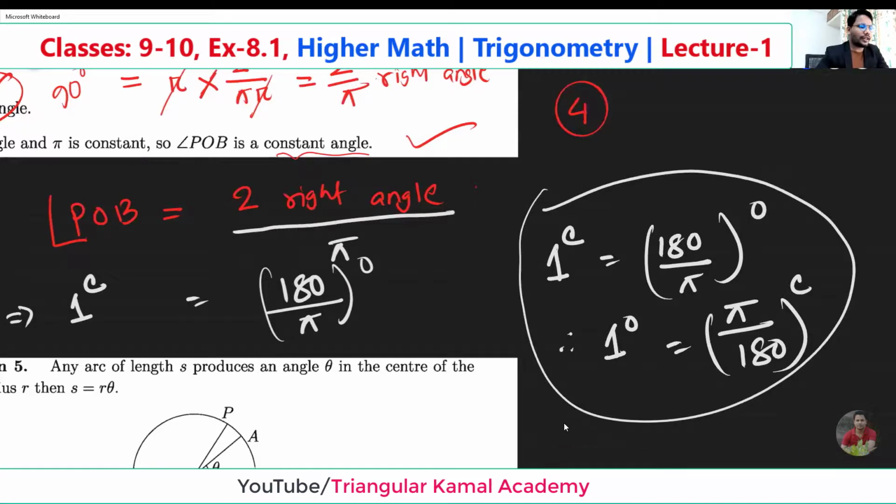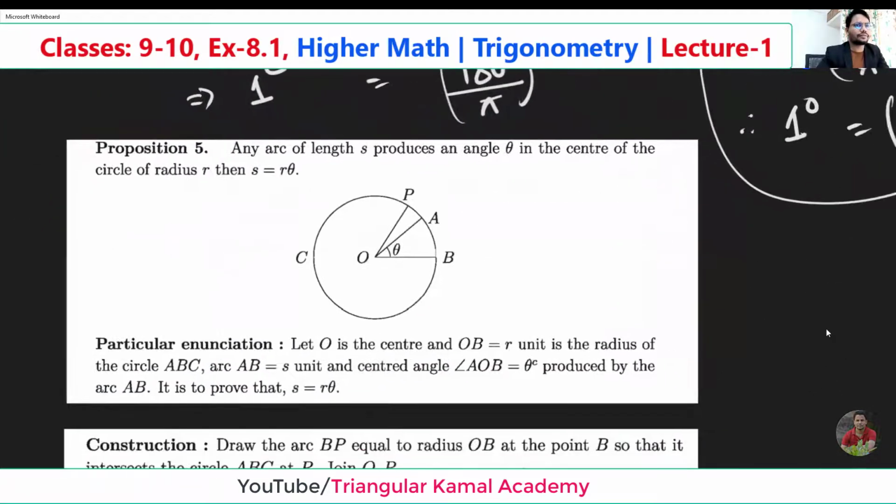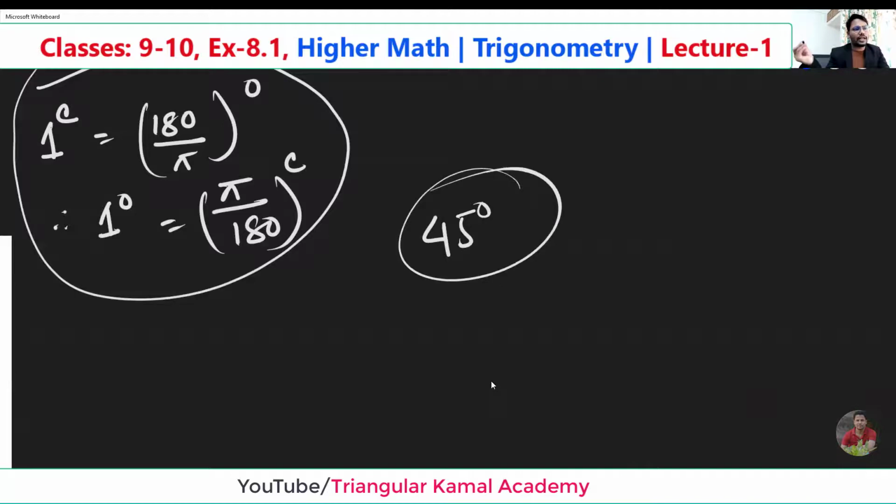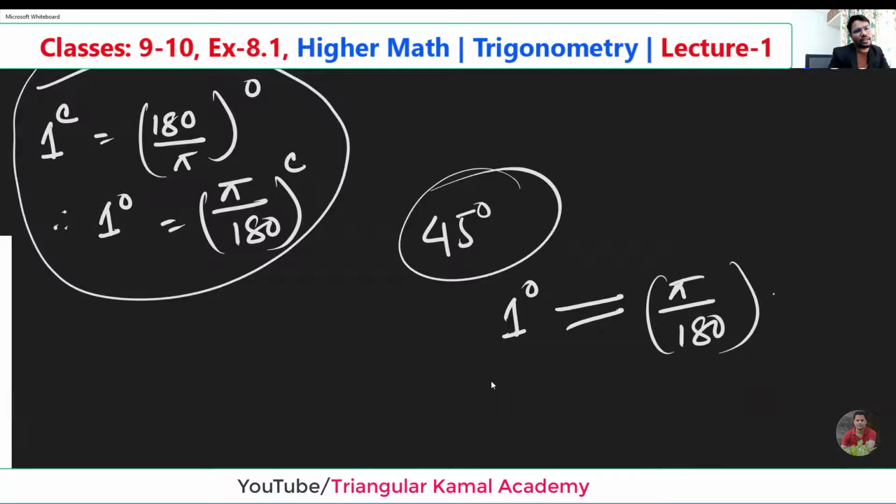So now here another theorem is given. Okay, let's see one question first. Suppose 45 degrees is given and the requirement is to convert this angle into radian. So now we know 1 degree is equal to pi by 180 radian.